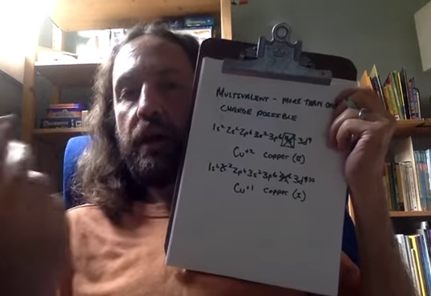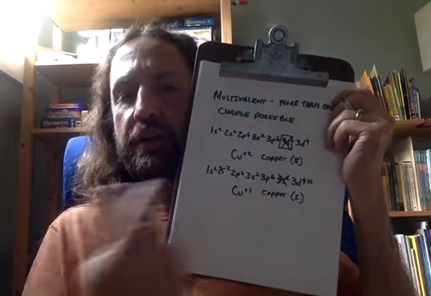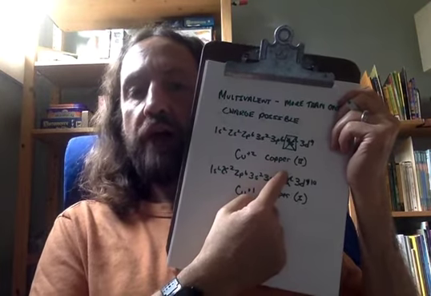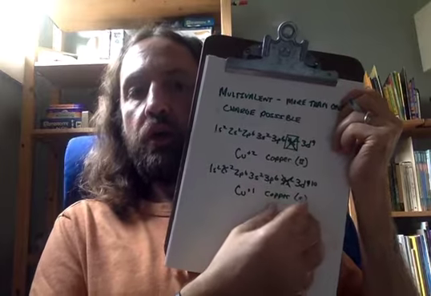Now, when we're dealing with this in class, you'll either always have a formula to go on or a name. So, for example, CuCl2, that's going to be copper 2 chloride. CuCl, that's going to be copper 1 chloride.